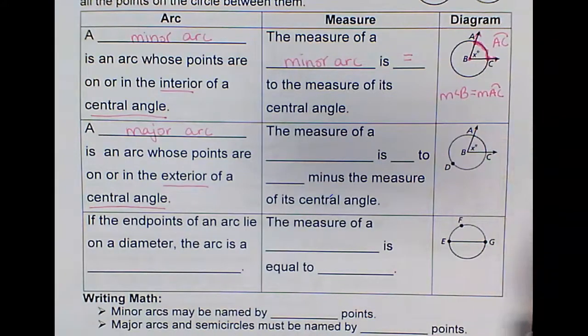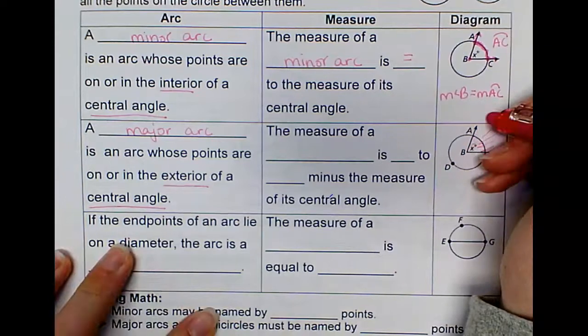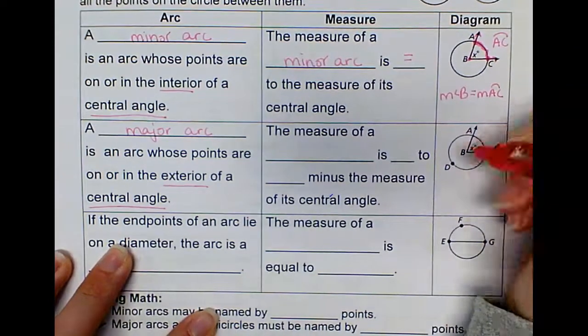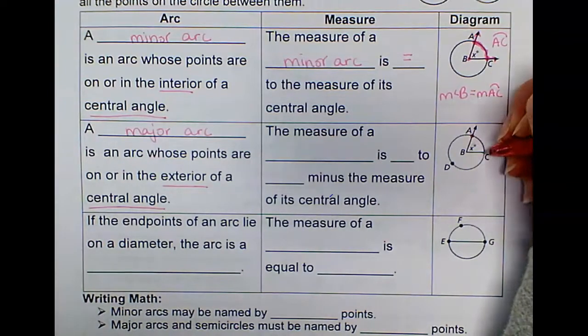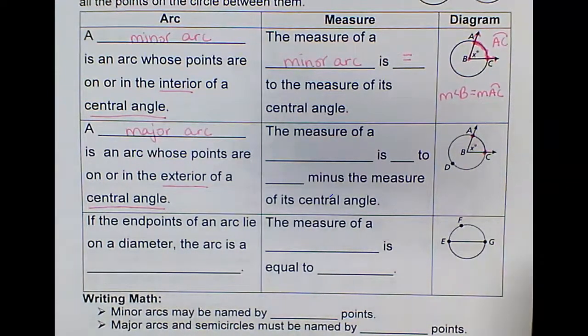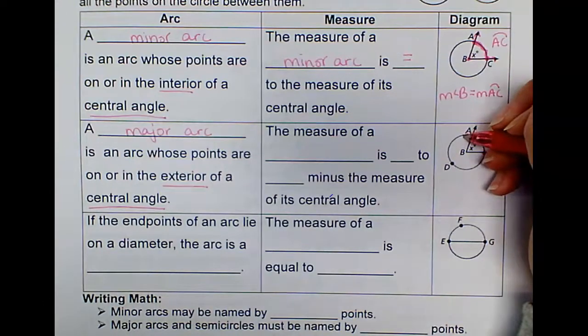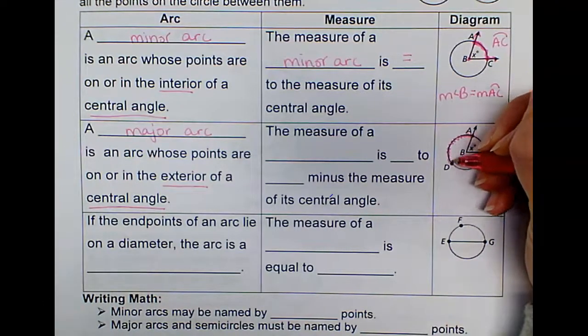But the major arc is the arc whose points are on or in the exterior of the central angle. So it's not anything that's in here. All of that stuff, it's not there. It's all the stuff that's outside. So let me erase this. It's all the stuff that's outside. So on the central angle or in the exterior of the central angle. So all the stuff that is outside here.